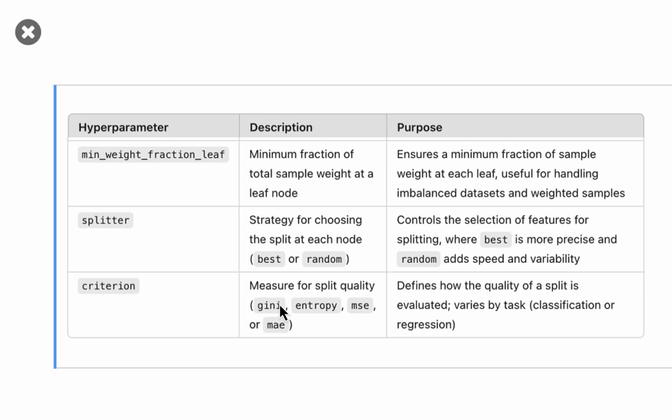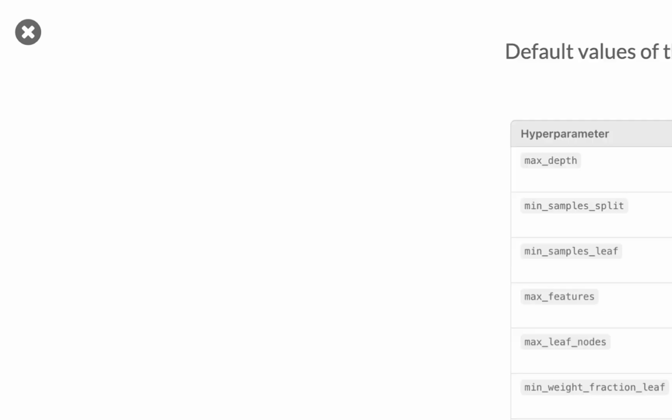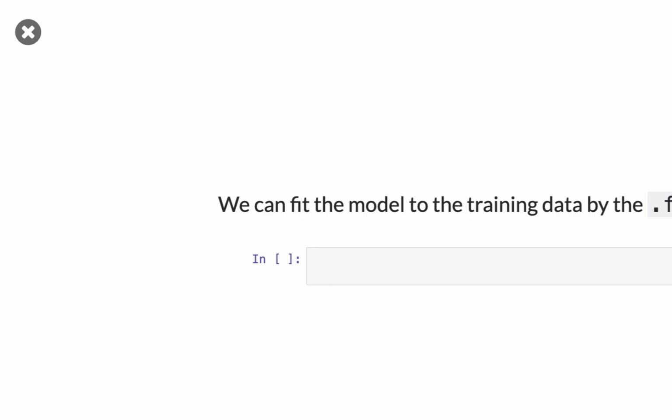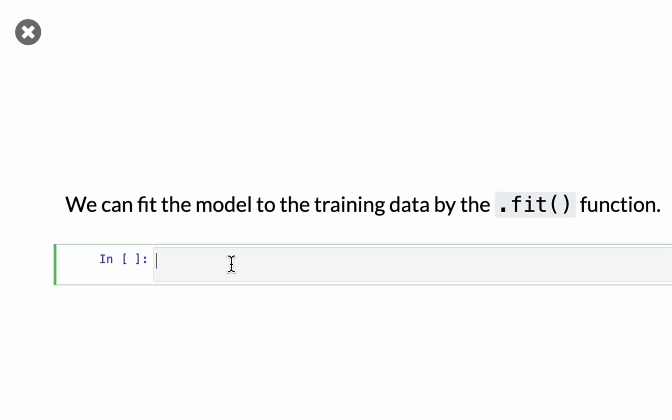I guess it's not that necessary to memorize the meaning of those parameters. Every time you need them, you just come back to this table or go back to the documentation of decision trees in sklearn to see if you want to specify some values for those parameters. And there's another table for the default values of all of them. Let's save some time by skipping those and focus on the main idea.